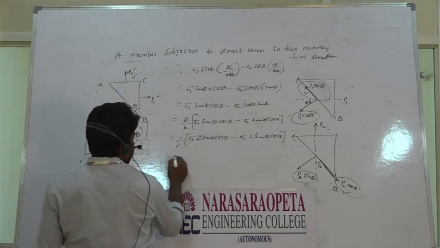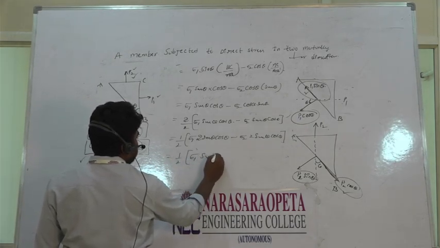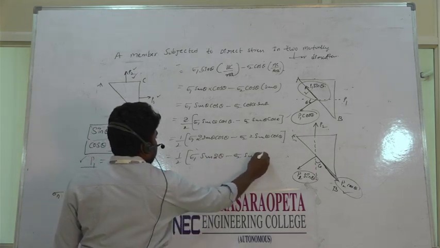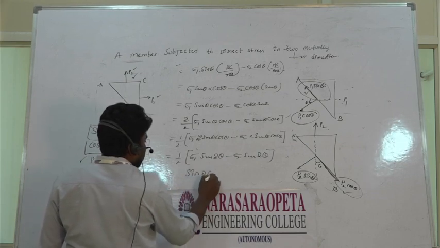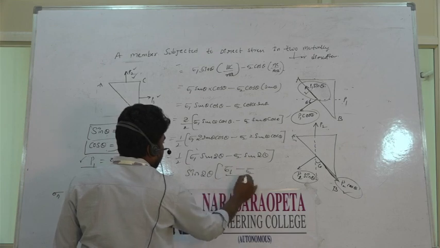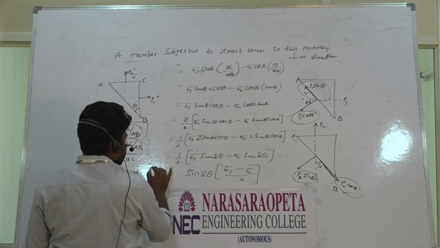From the trigonometric equations, 2 sin theta cos theta equals sin 2 theta, and sin 2 theta is common. So sigma 1 minus sigma 2 by 2 sin 2 theta is the tangential stress.